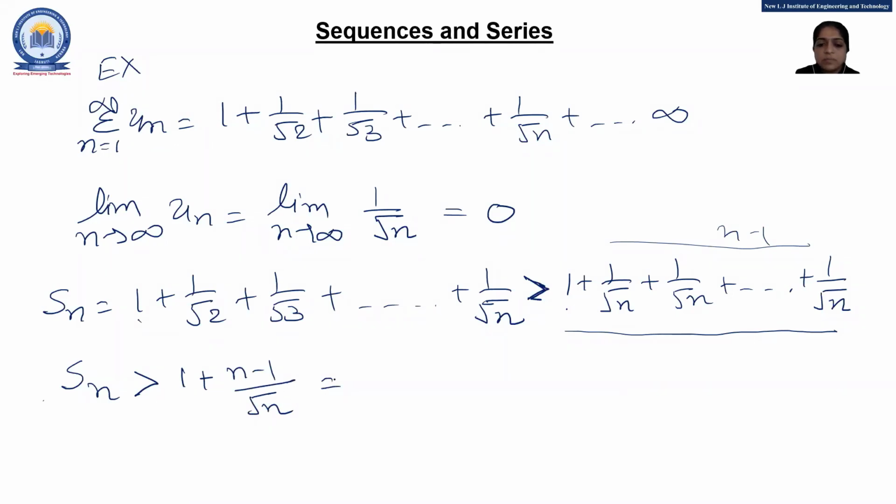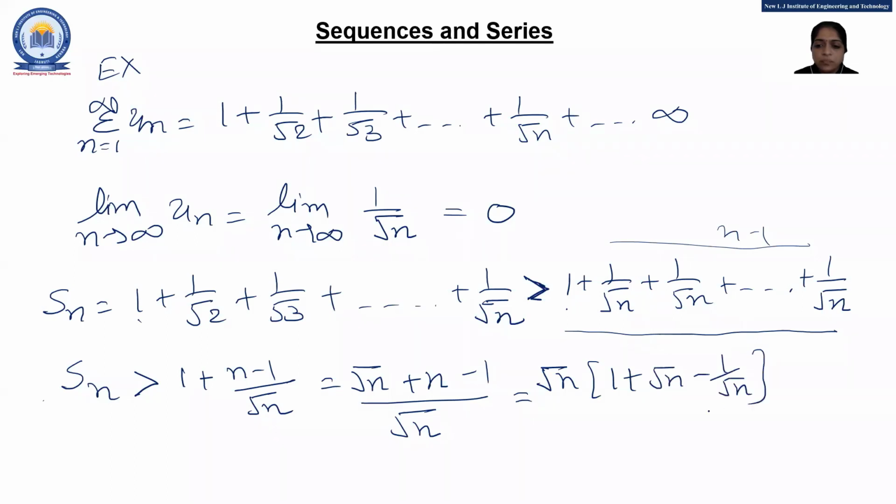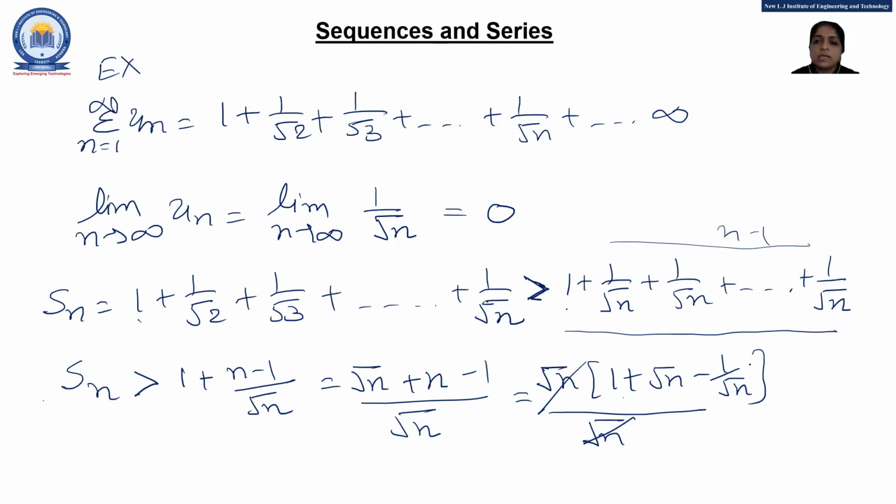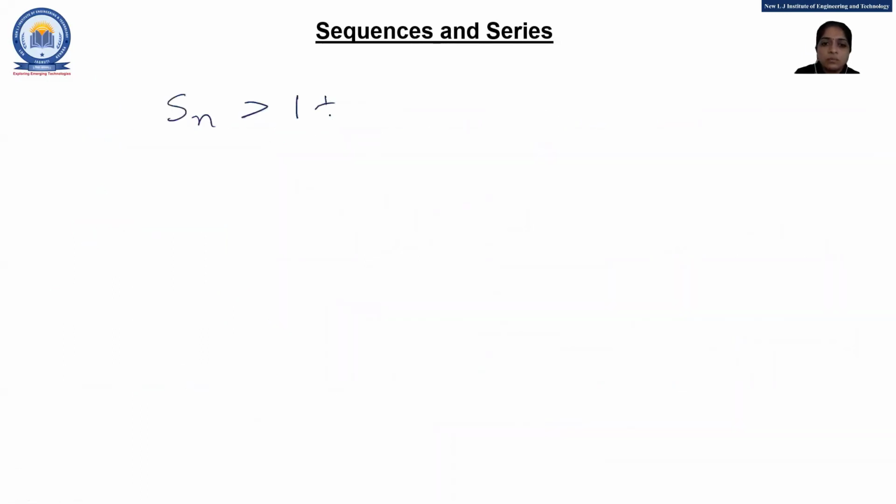By taking LCM here, root n plus n minus 1 whole by root n. If I take root n common from the numerator, then here 1 plus root n minus 1 upon root n and upon root n. So this root n will be cancelled out, and the value of Sn is greater than 1 plus root n minus 1 upon root n.